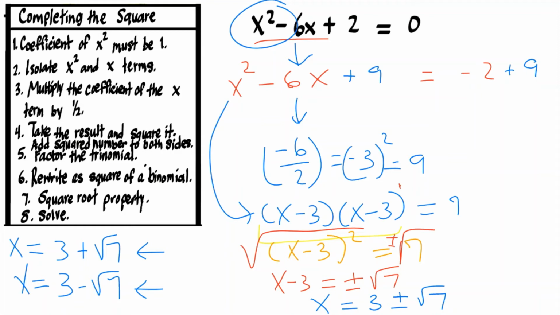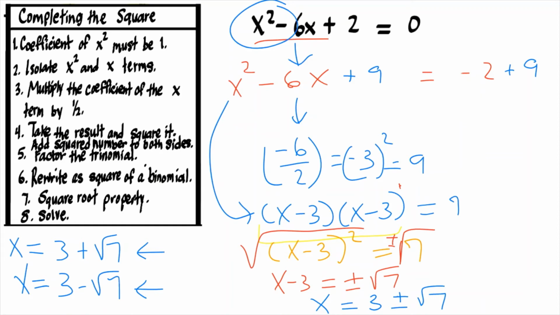So I take half of my negative 6, which is negative 3, and square it. I get positive 9. And if I add something to one side of an equation, I have to add it to the other side. And then after I do that, I need to factor my perfect square trinomial.